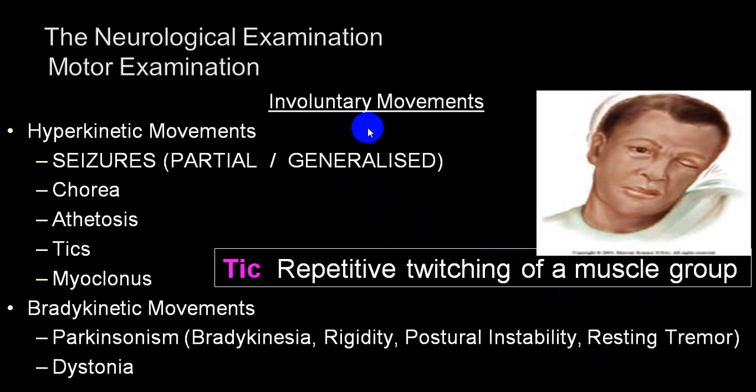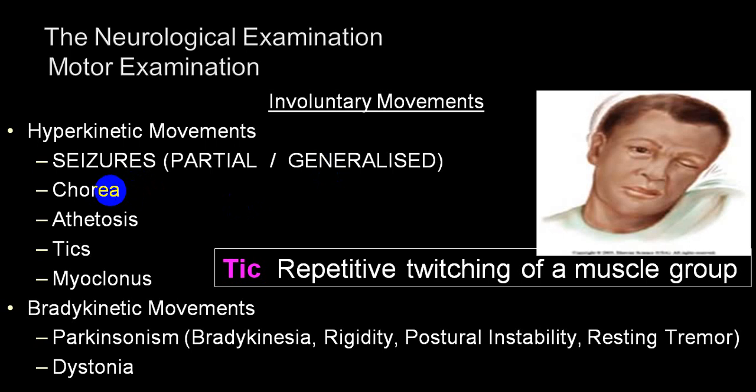Sometimes you can see involuntary movements like spasms. So that is a repetitive twitching of the muscle. We call that tics. In seizure, it will depend upon the type of seizures like partial or generalized. In chorea, you will have a movement along the axis, involuntary, abnormal, pseudo-purposive movement seen in chorea.